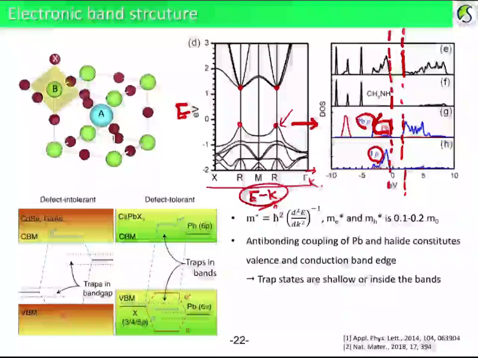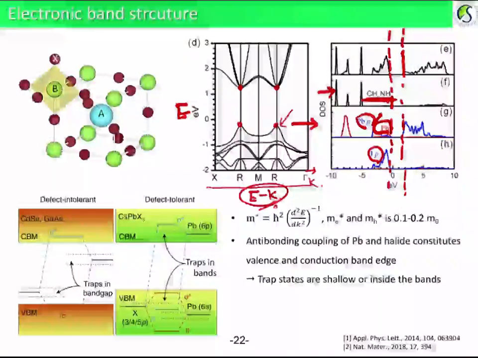In contrast to the lead and halide, the organic cation just contributes to the very deep state, which is not directly related to the band gap of the material.